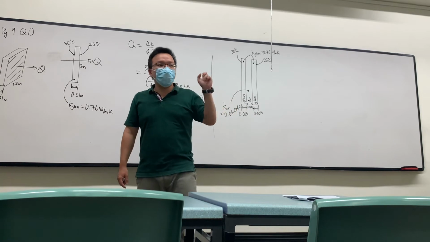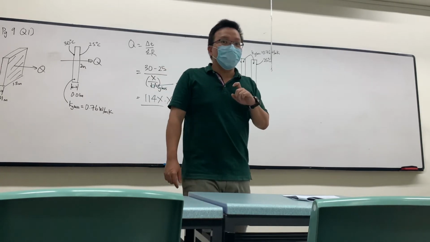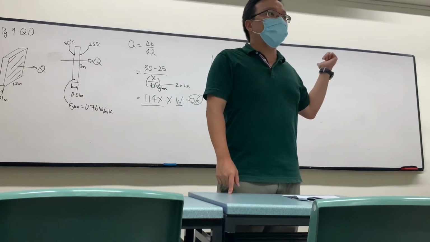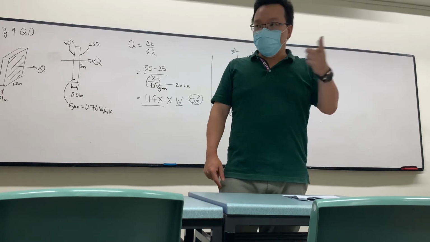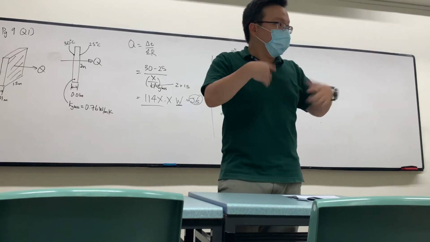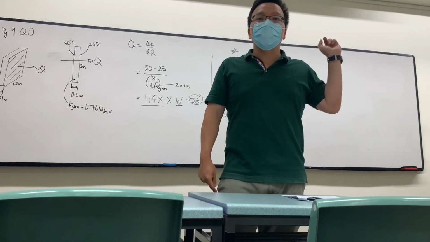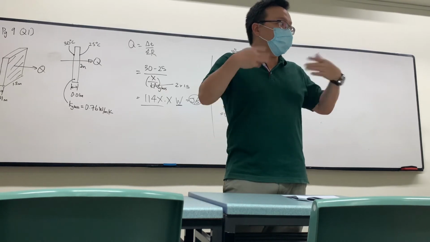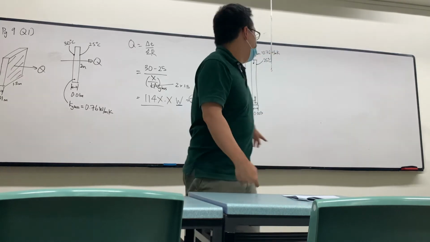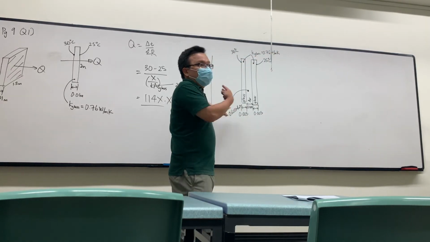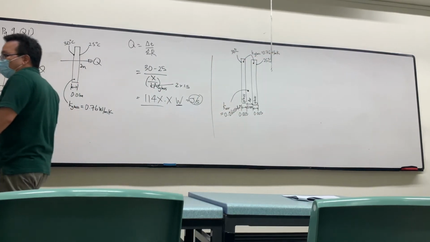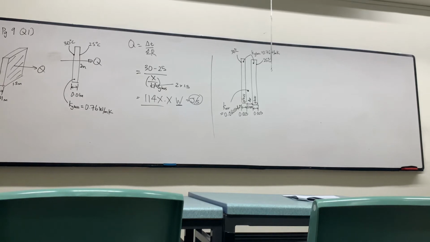But in SP, when you take your MSP, as long as I give you K, means you do what? Conduction. If I give you another property for convection, then you assume it's convection. So we will tell you what to do. In this case, I give you K, so you assume it's conduction. Any question?